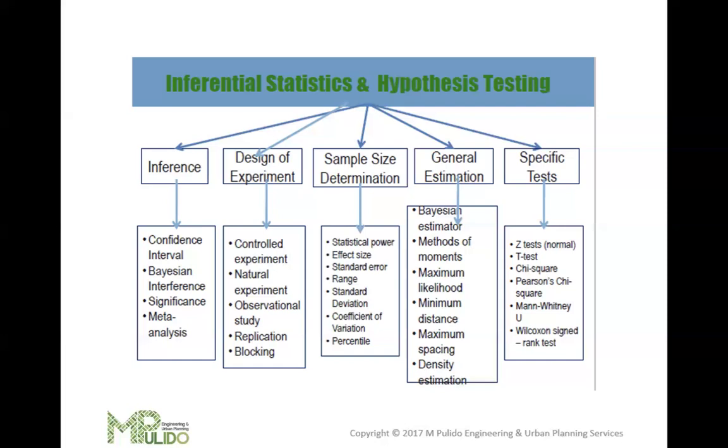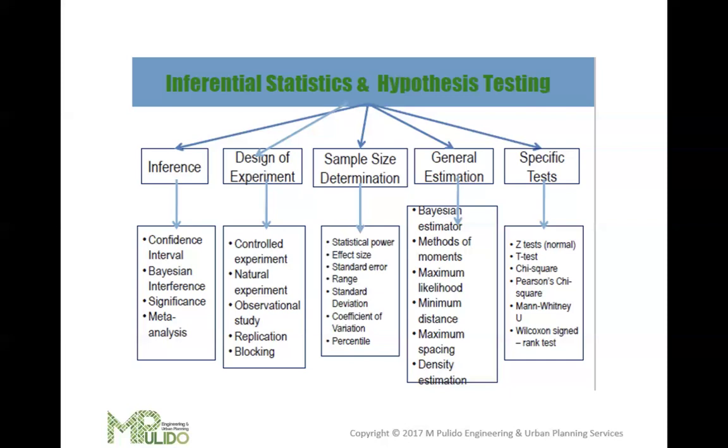Under this is statistical power, the probability that a test will correctly reject a false null hypothesis. For example, a study with high statistical power has a great chance of detecting an effect if there's one. Effect size means the magnitude of the difference or relationship being studied. For example, the difference in test score between two teaching methods.